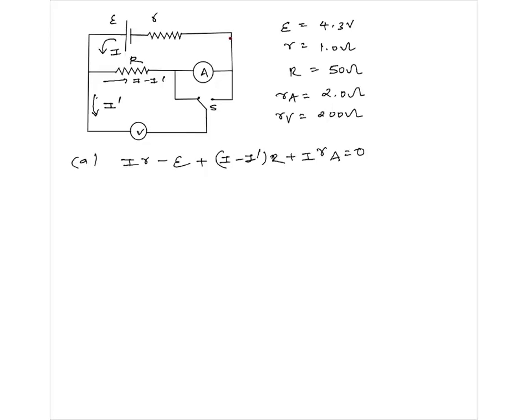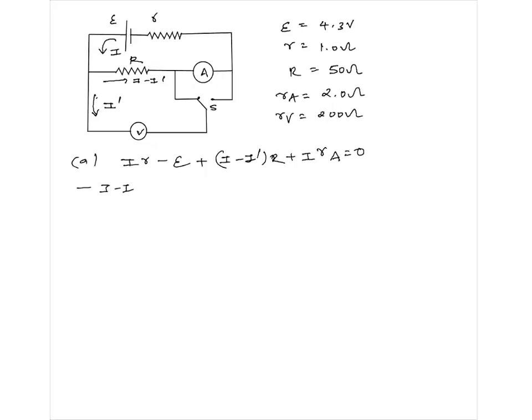Now, consider this small loop. Suppose we start from here and go like this, in the opposite direction of current. So it's going to be from negative to positive.